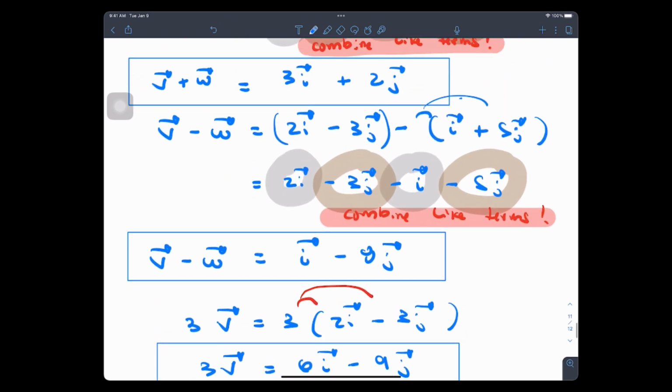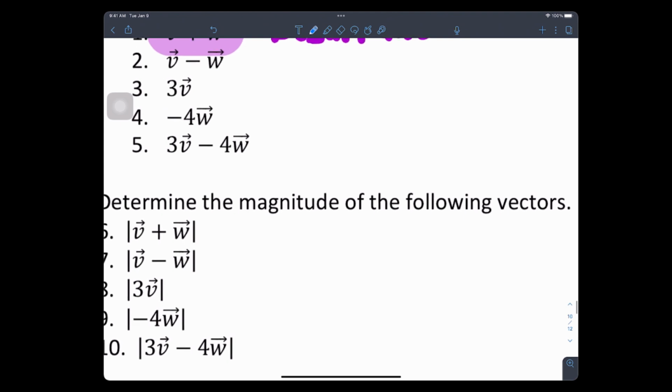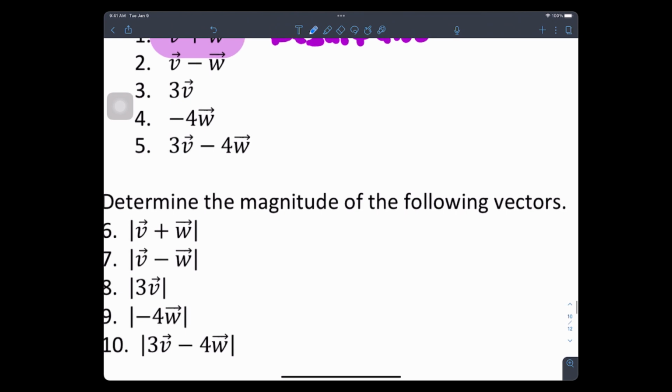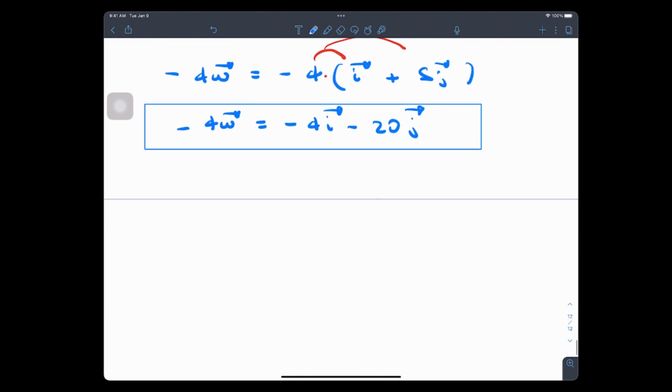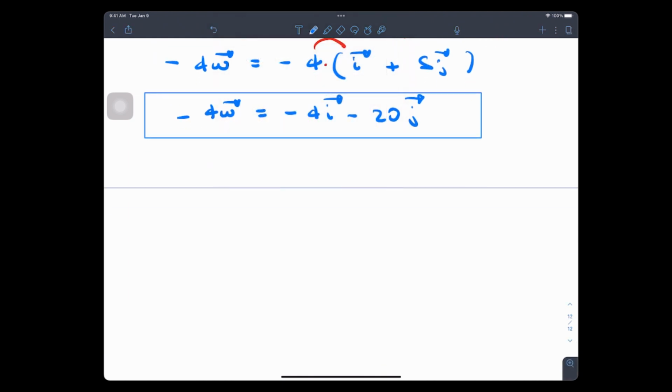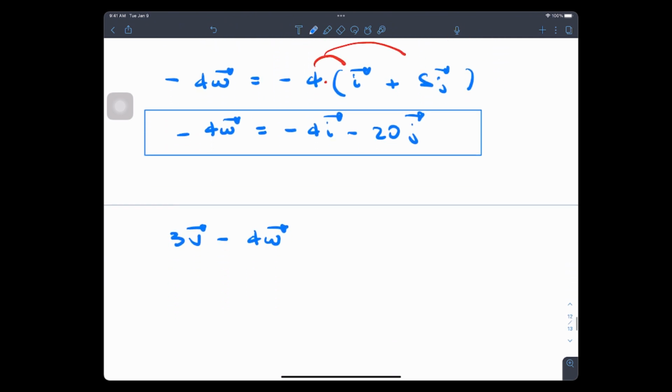All right, let me ask you guys this question here. How do you do number 5 when they say, what's 3v minus 4w? Isn't that based on arithmetic? Well, you can do it this way.